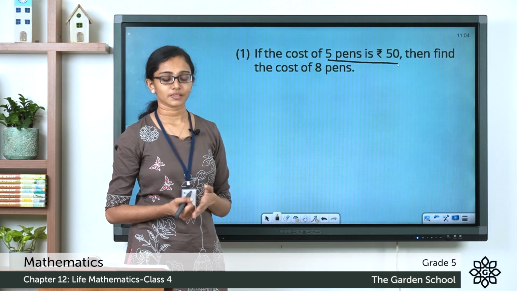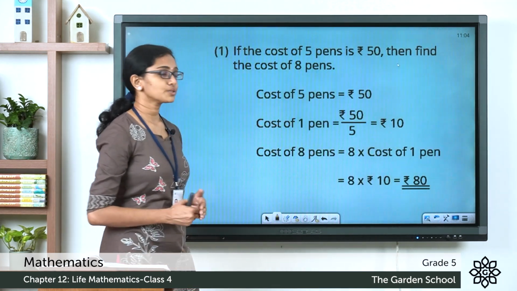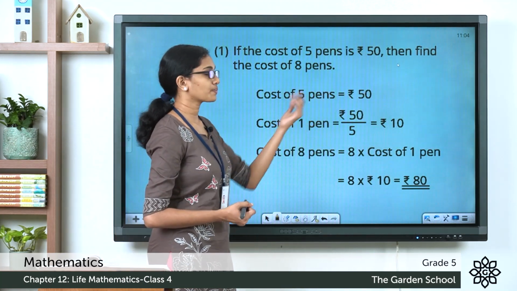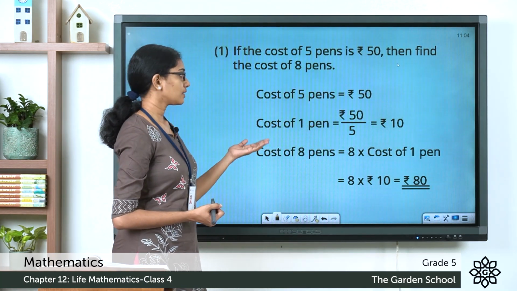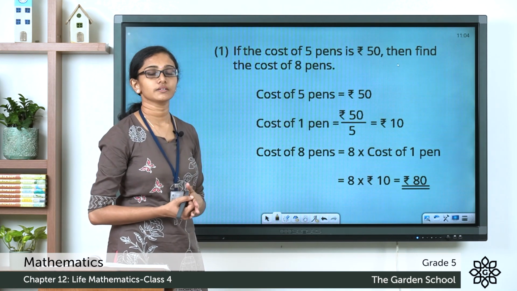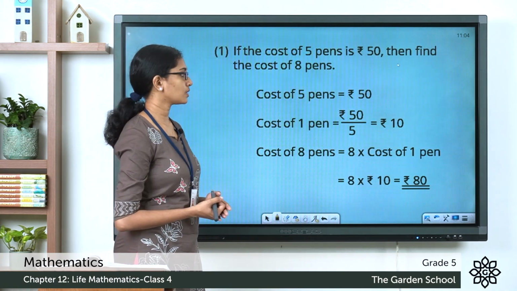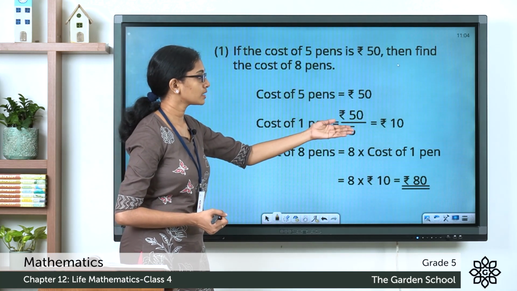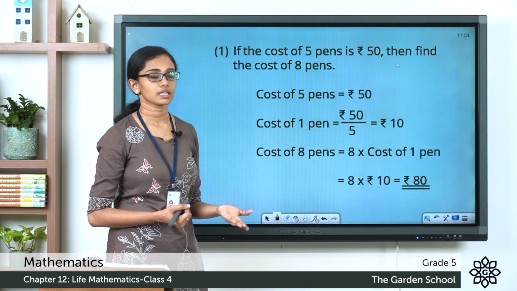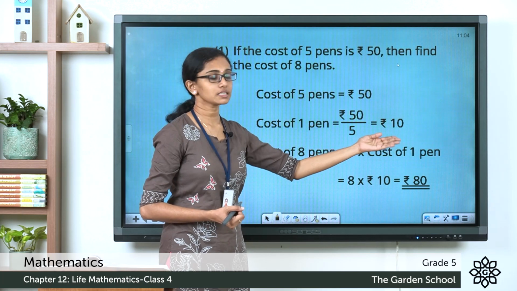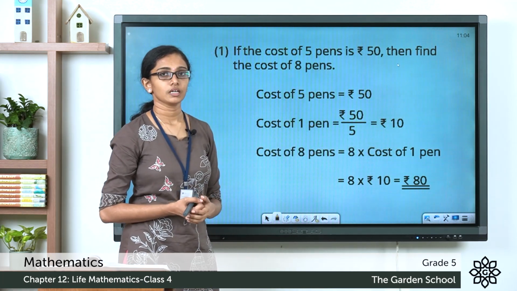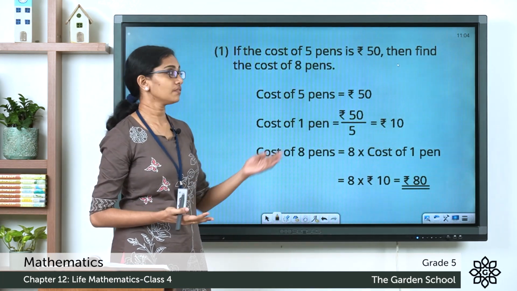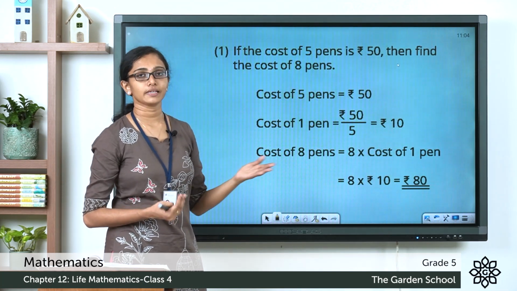So let's see the steps. So the cost of 5 pens is equal to rupees 50 and from it we can write the cost of 1 pen is equal to rupees 50 by 5. So the total value divided by the total number of units and we get the value of 1 unit as rupees 10. Now we are asked to find out the value of 8 such units or 8 pens.